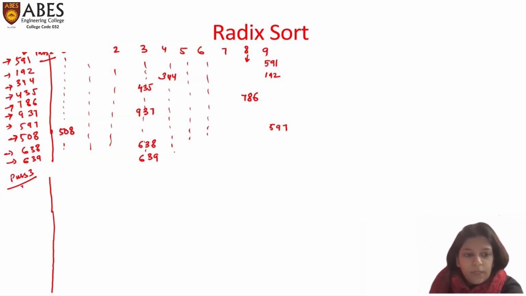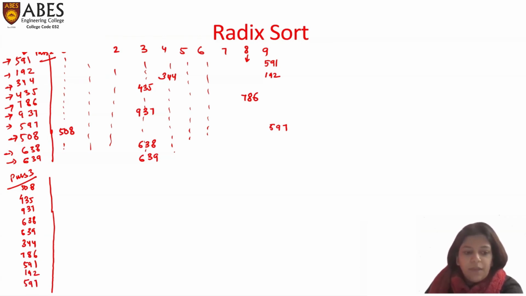So let me just quickly write down the numbers that we have got: 508, 435, 937, 638, 639, 344, 786, 591, 192, and 597.